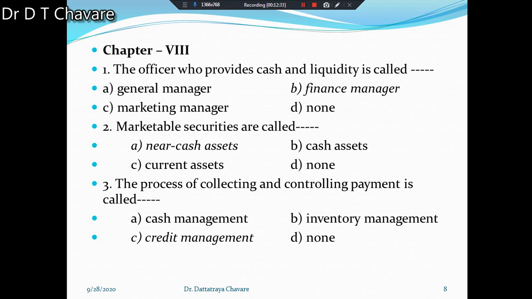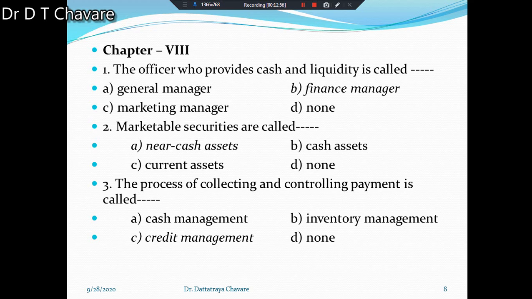Four alternatives are given. General manager? No doubt, no. Finance manager? Think about it, because this manager relates with cash. That's why the correct alternative is finance manager, not marketing manager or none. This is the right answer.